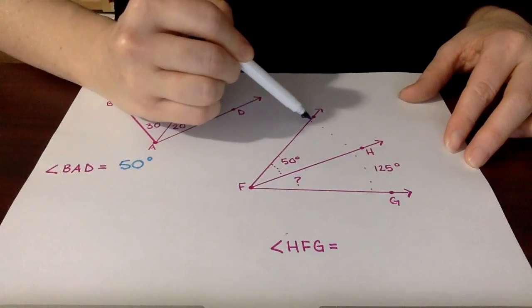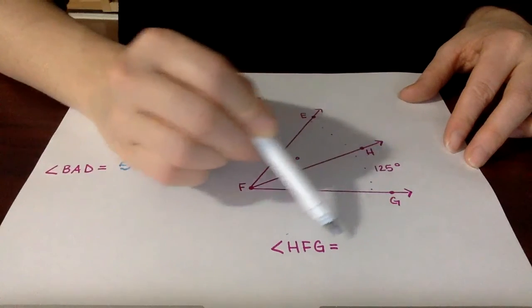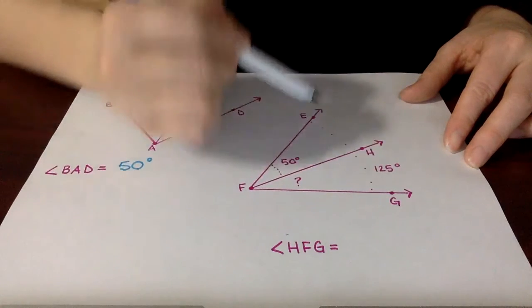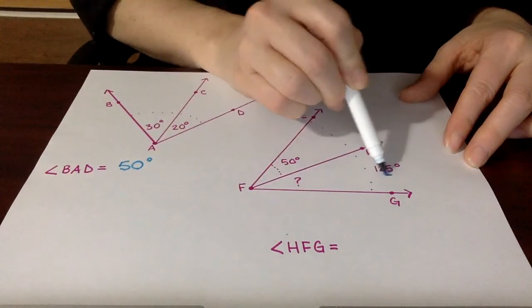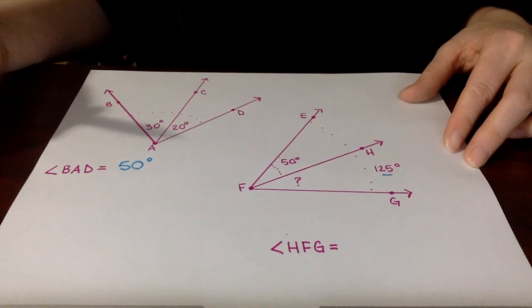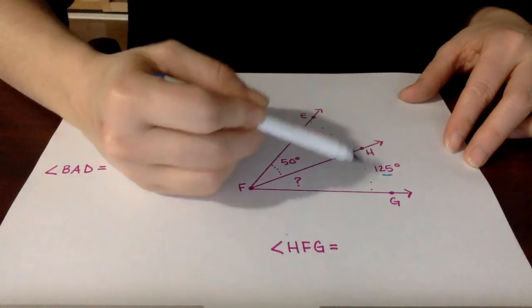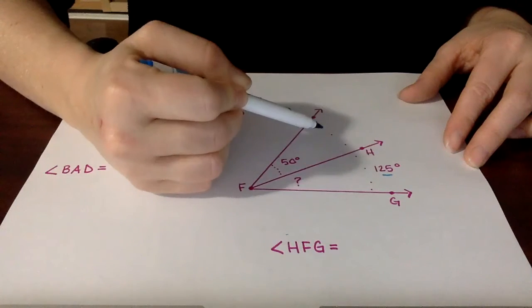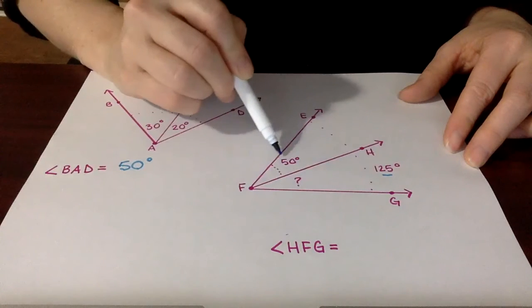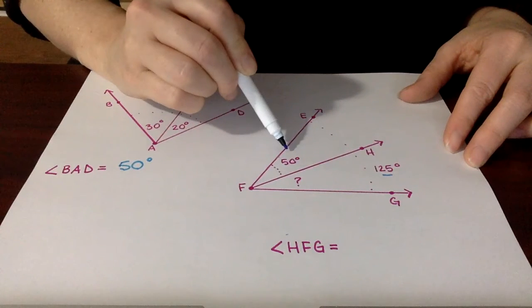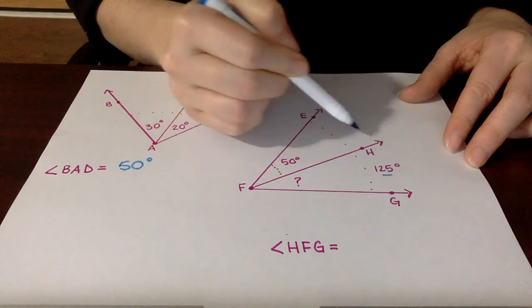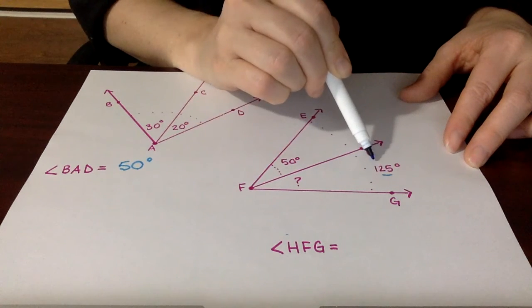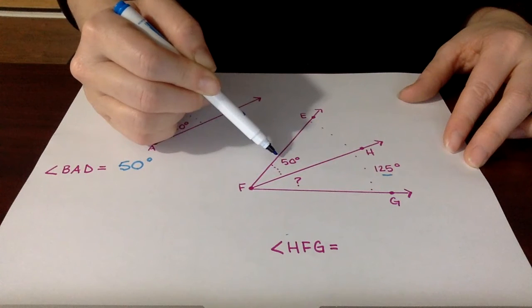Notice the dots here, looking like we're starting a circle. These two angles together equal 125 degrees. So if I know what these two angles equal together, and I have one angle here, all I need to do is take the whole angle, 125 degrees, and subtract 50 degrees.